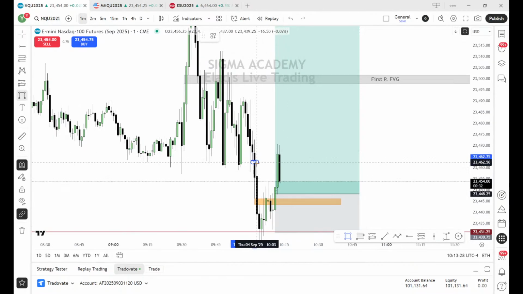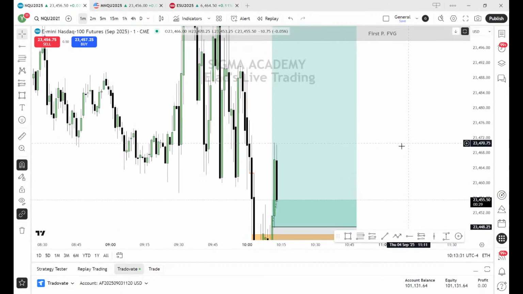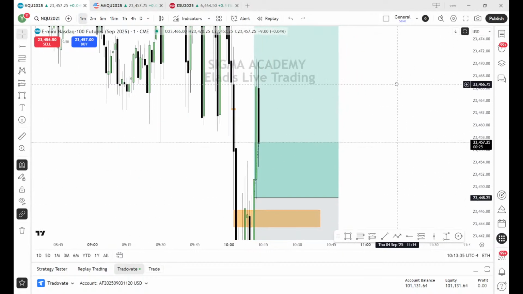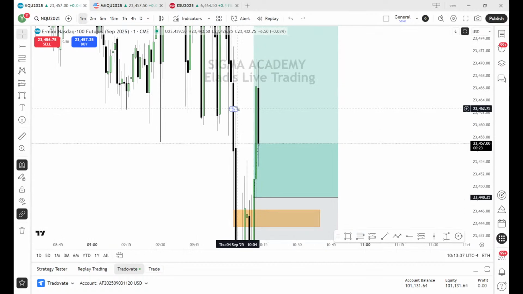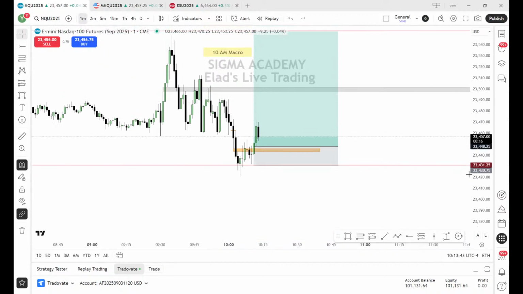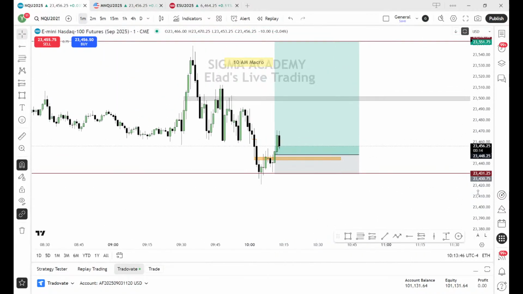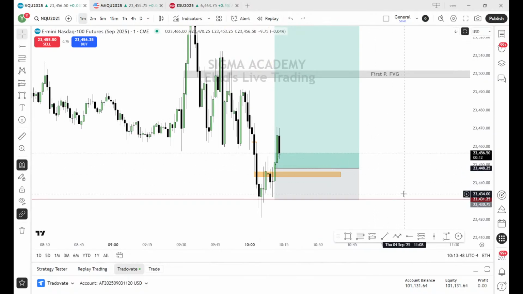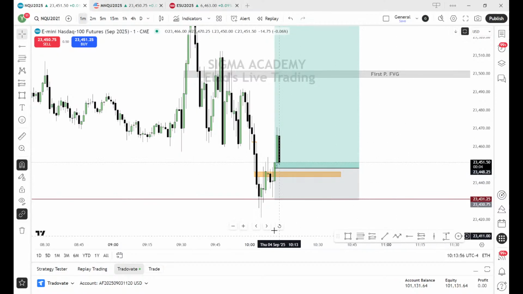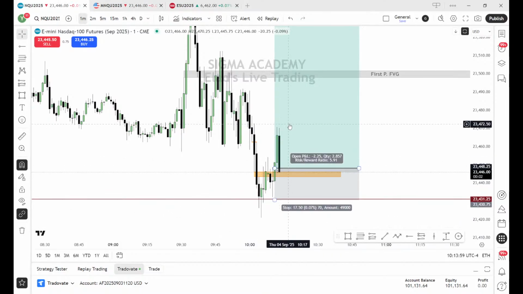Closed above this one. You can see it. But I want more PD arrays on my side, such as this fair value gap. By the way, we have an MSS.